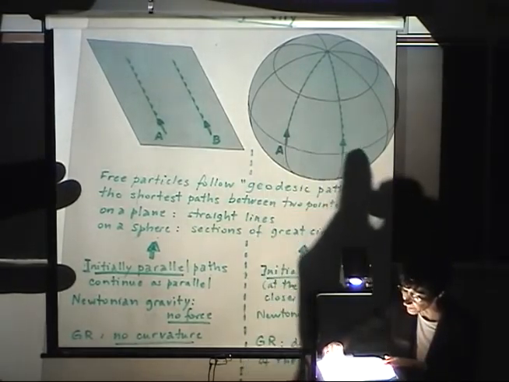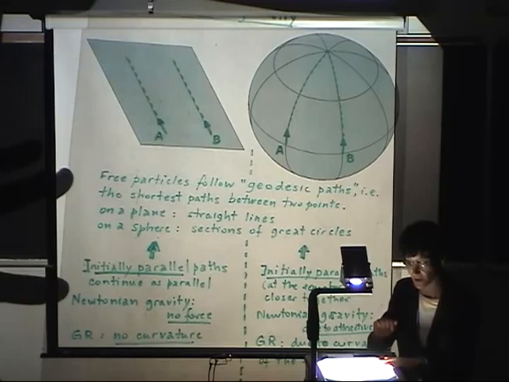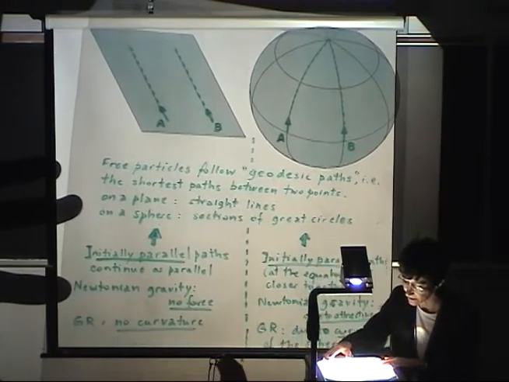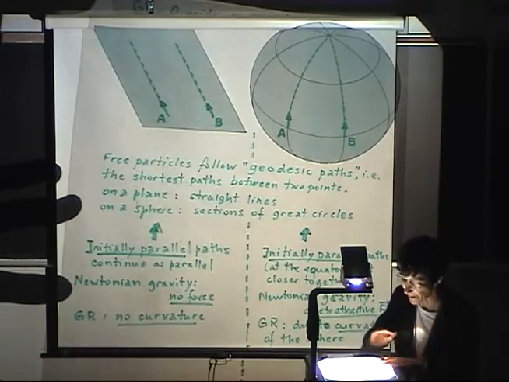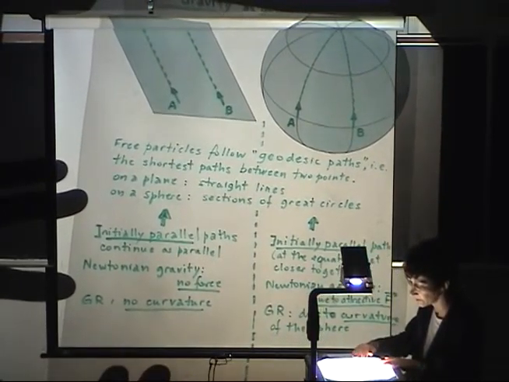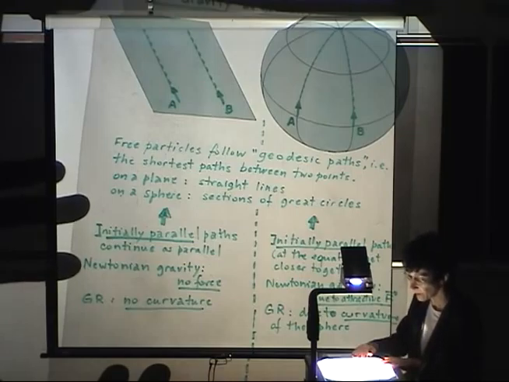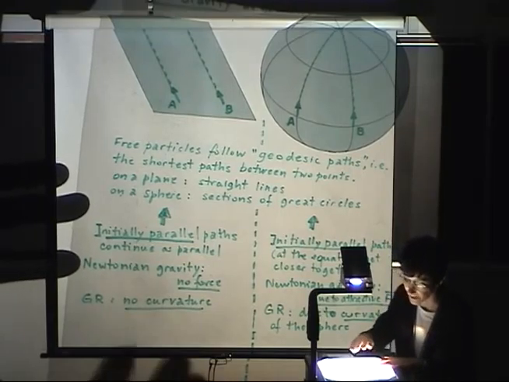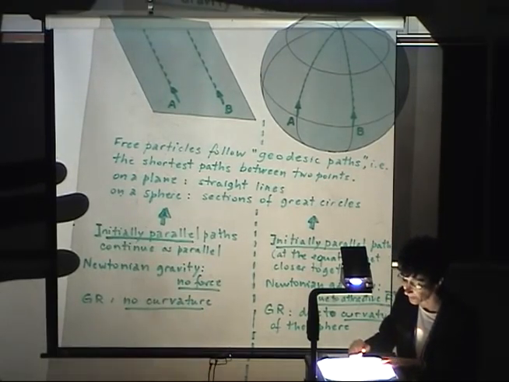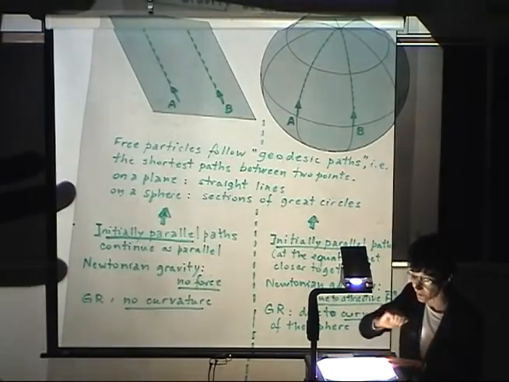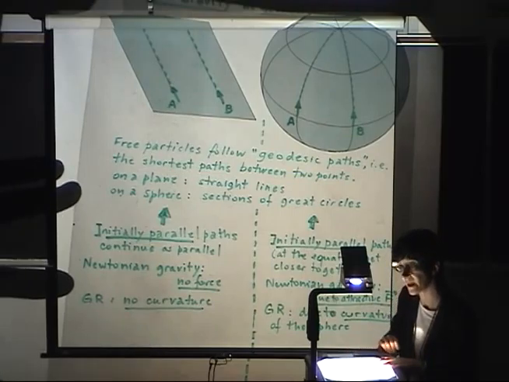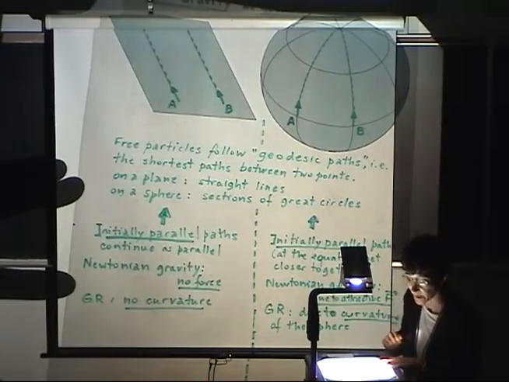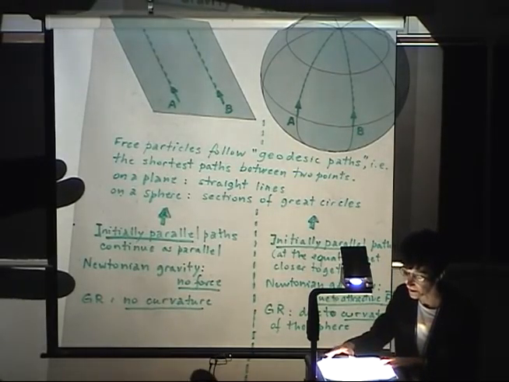So both A and B keep moving always in a straight path in the same direction. So on a plane, initial parallel paths continue to be parallel. With Newtonian gravity, we would say there is no force attracting the 2 particles, and that's why they continue in a straight path. In general relativity, we would say this is a flat space-time, it's a plane, there is no curvature.